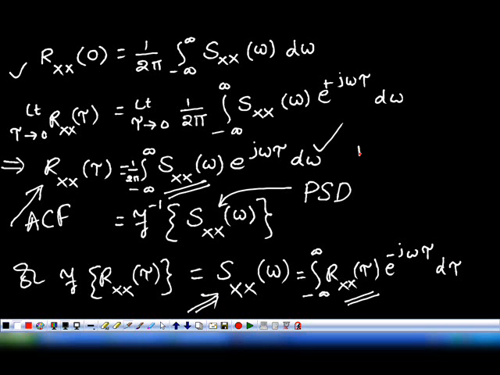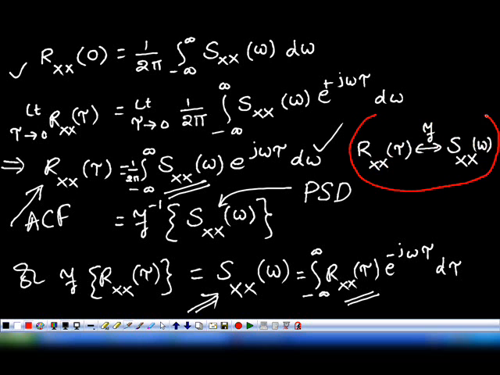So here the power spectral density and autocorrelation function are forming a Fourier transform pair. Is it clear?